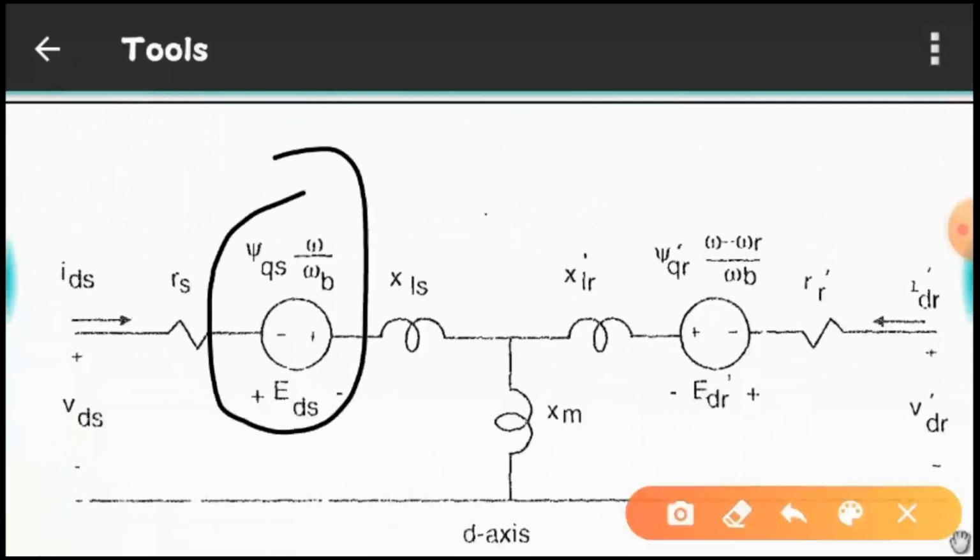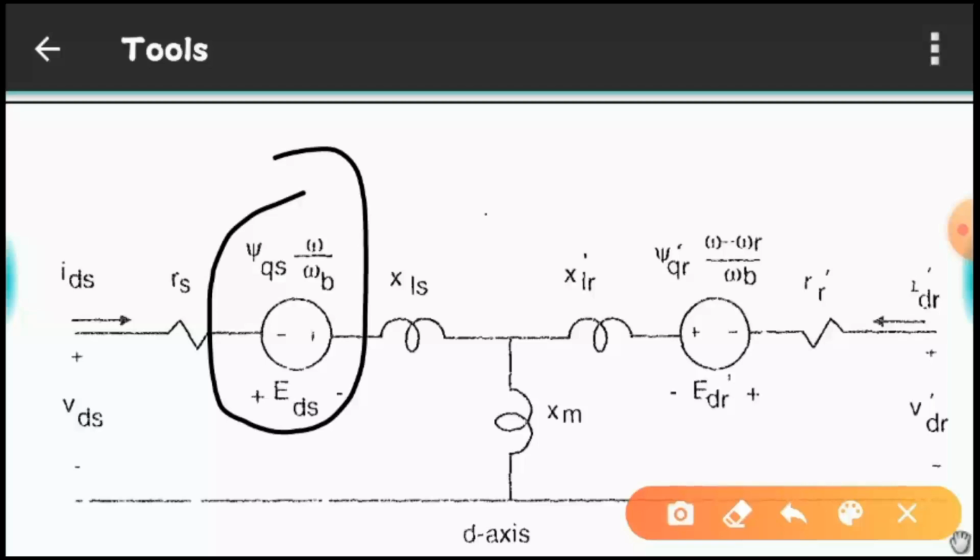And I also told you, if you can recall, that generally in case of an induction machine, we don't get any kind of such back EMF term when we had not learned this reference frame theory, when we were dealing with the conventional way to analyze an induction machine.